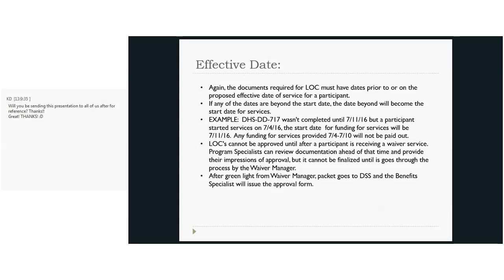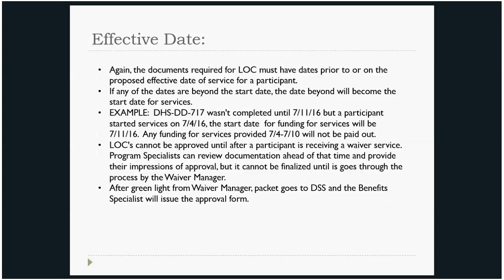Also, levels of care cannot be approved until after a participant is receiving a waiver service. So if you have a questionable psychological that you're just not sure if a person qualifies or not, your assigned program specialist can review the documentation ahead of time and maybe provide some impressions based on their experience, but they cannot give a final approval or disapproval until it actually goes through the review process and is afforded that due process by the waiver manager.